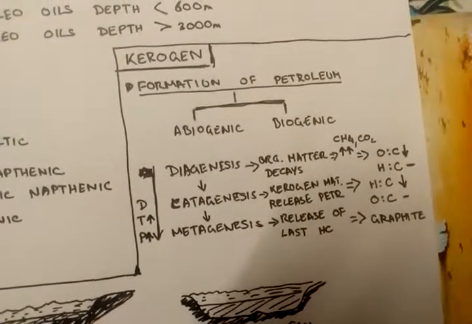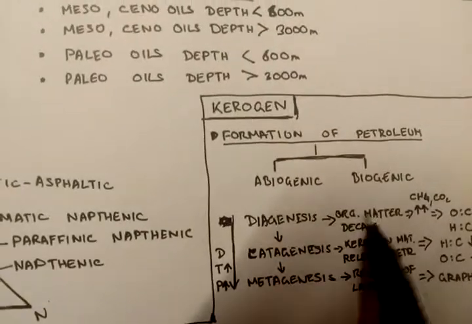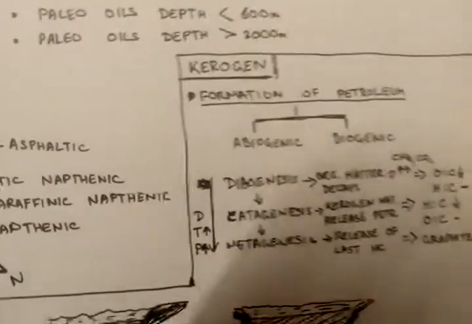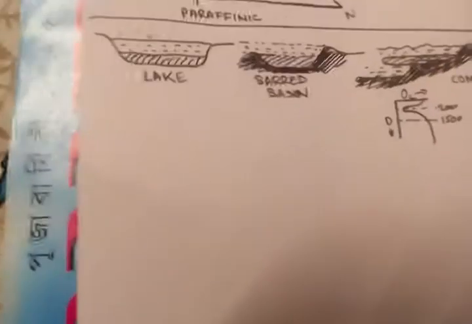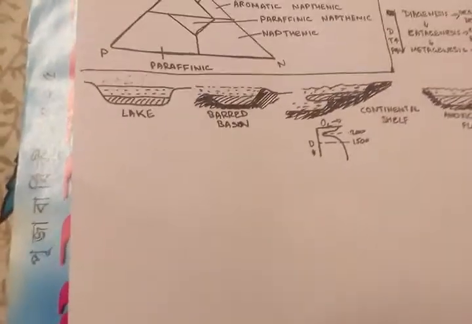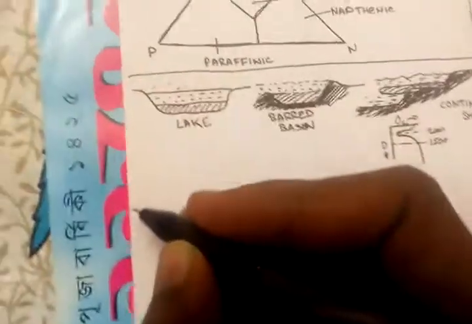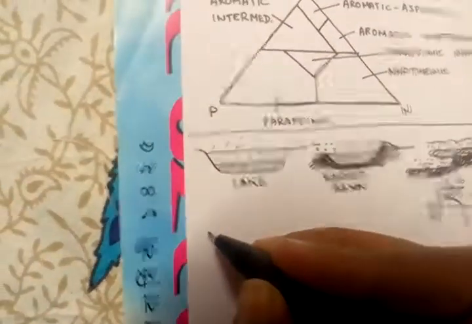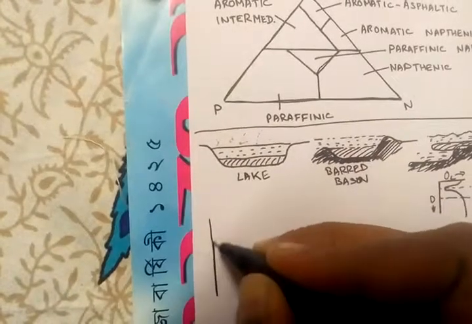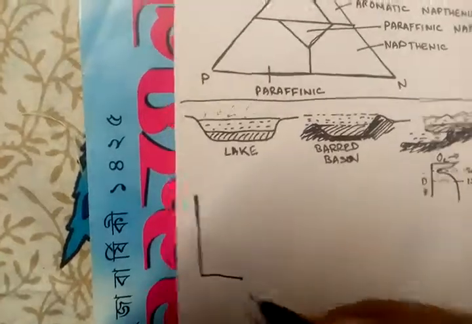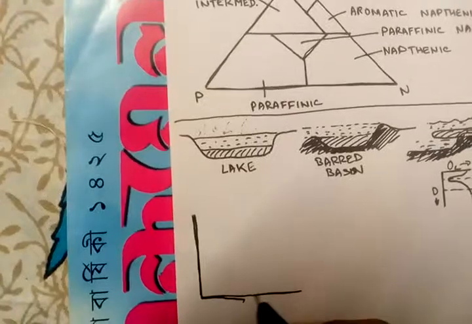Now this kerogen that is forming in diagenesis, the composition of kerogen largely depends on the composition of the organic matter that is deposited in the very first place. So we have basically three types of kerogens.